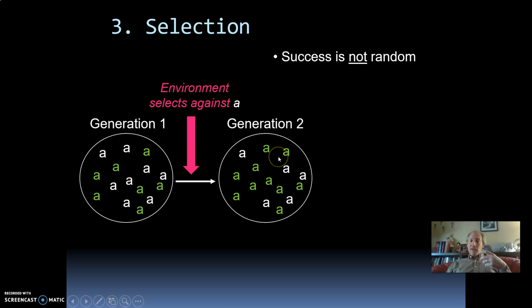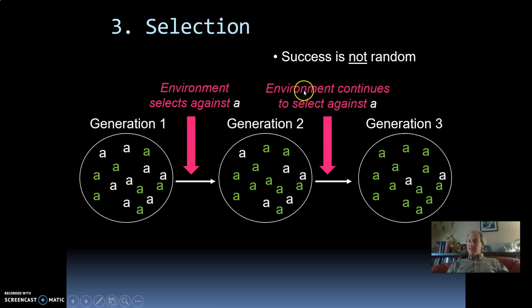And so in a very predictable fashion, as long as that environmental pressure stays about the same, and generally environmental pressures over some period of time are pretty similar, what we'll see is, as predicted, that the white that's selected against will become less common, and the green that's selected for will become more common.